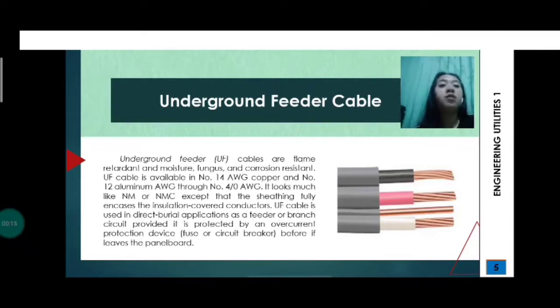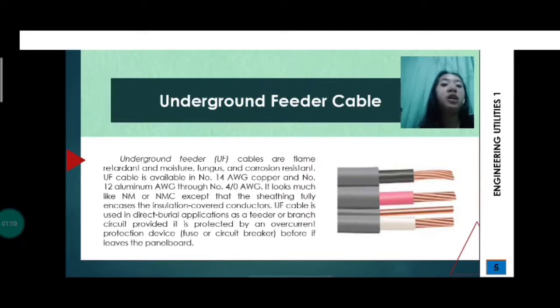So, underground feeder cable is a cable that is flame retardant. So, what is flame retardant? Flame retardant means it helps make something more resistant to burning.